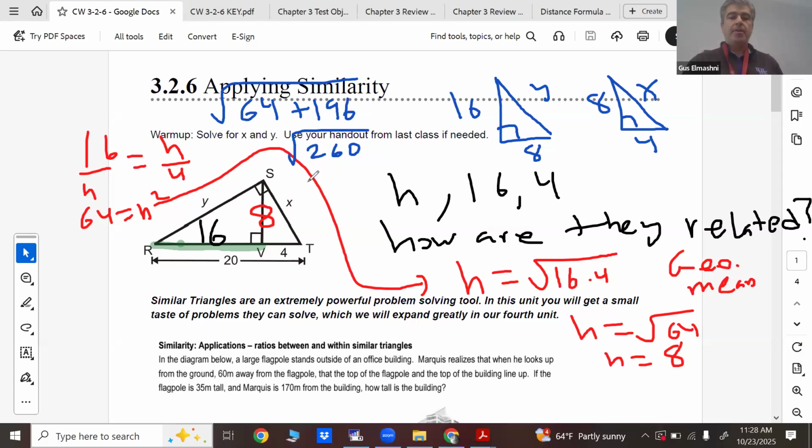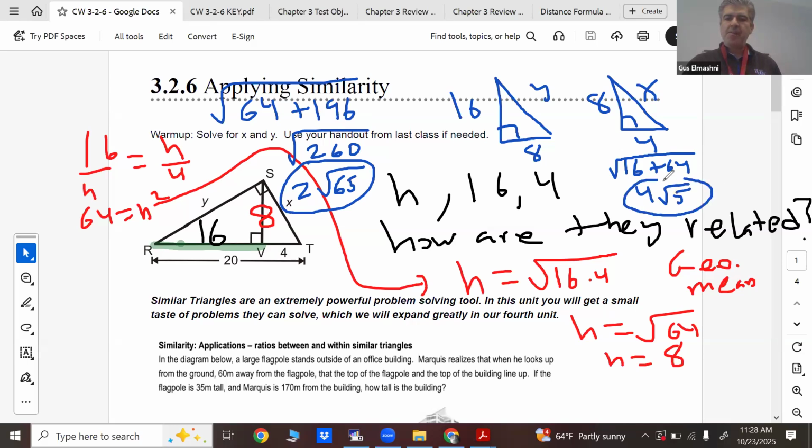Ugh, what's that going to be? Hopefully you guys get those answers. 16 squared is 196. 64 is 8 squared, 64.